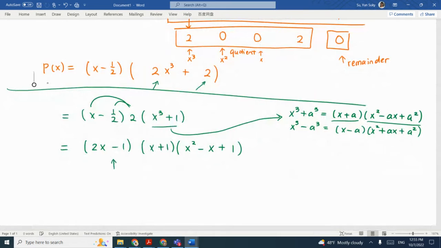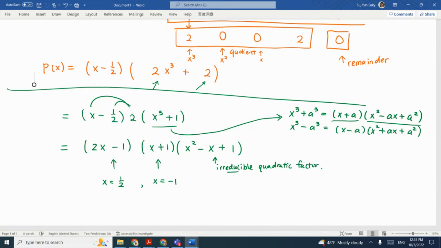And so you can see the roots. This is 1/2. How about this root? -1. And this is an irreducible quadratic factor.